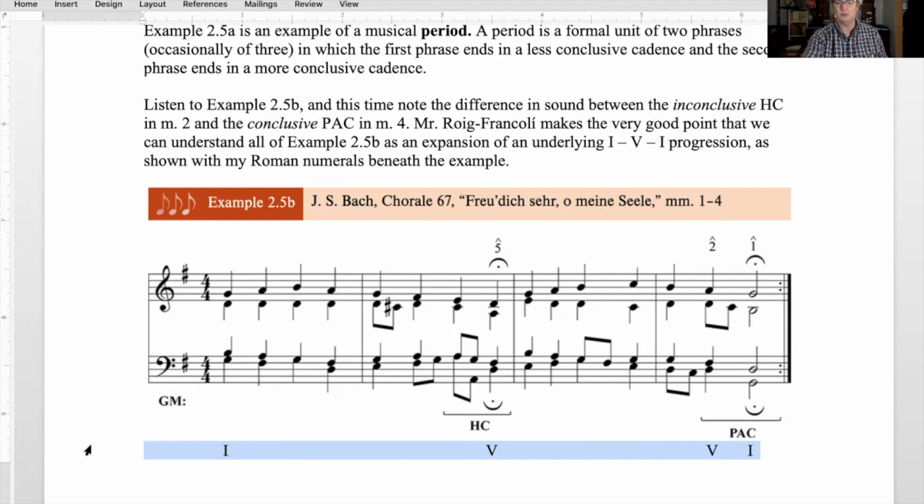On a larger scale, in the first 4 measures, we have this overarching 1-5-5-1 progression. This is part of what makes tonal music, I think, interesting and powerful and very revealing to study, because you can often find these organic connections between the small scale and the large scale.